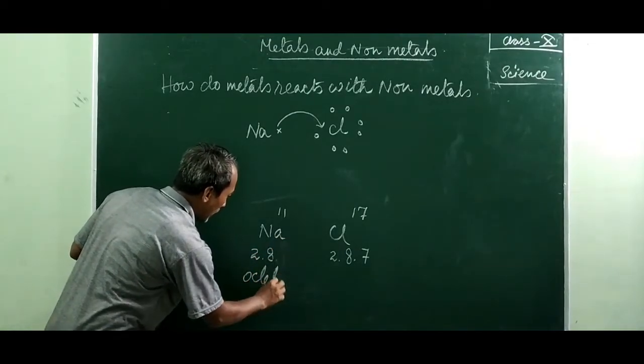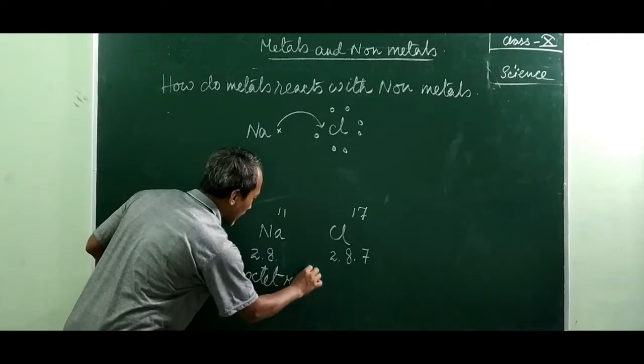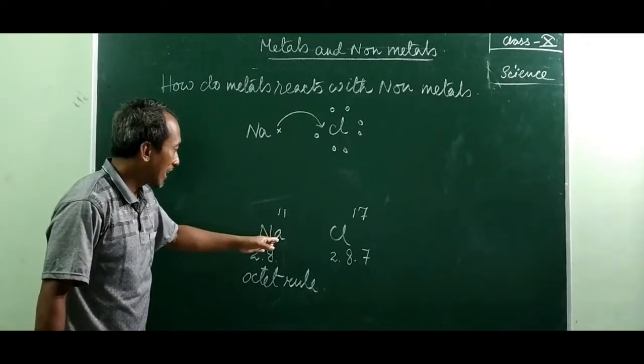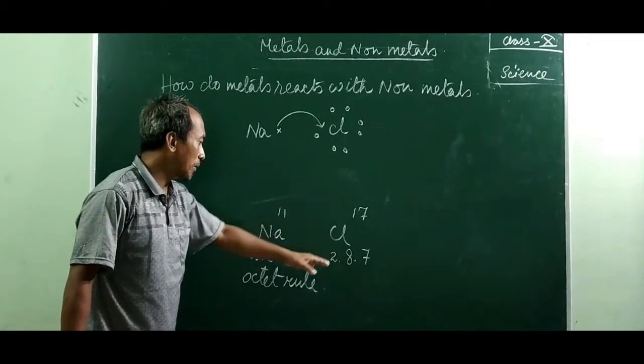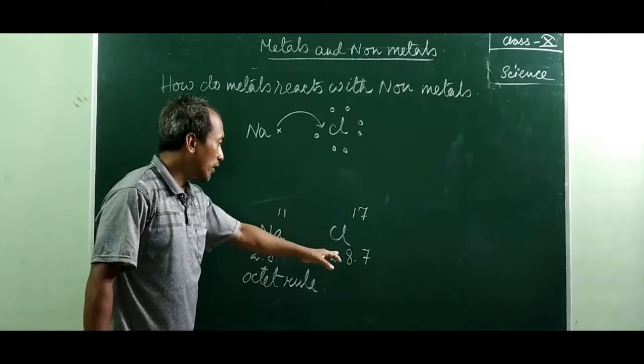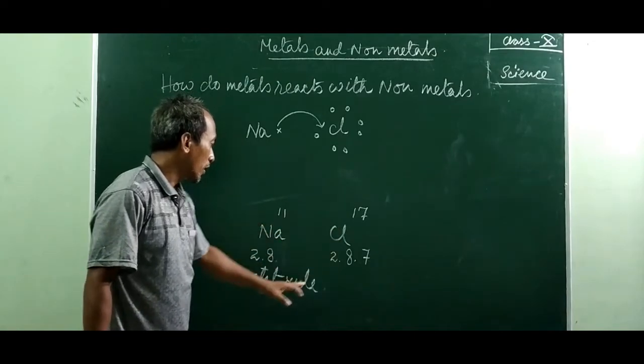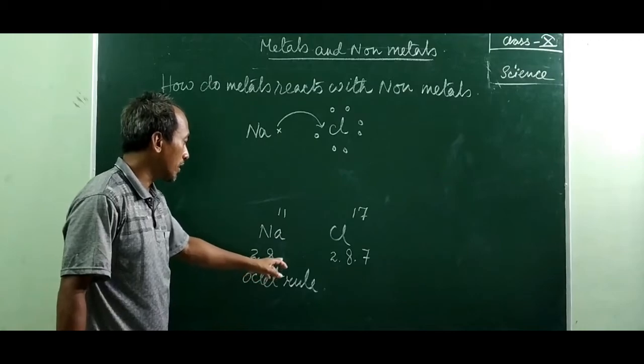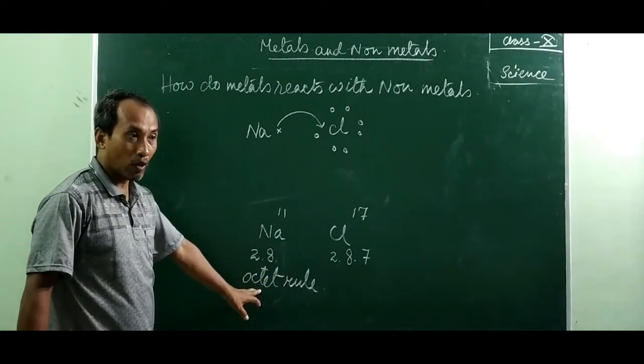I think you still remember the octet rule of class 8. The octet rule is that when any element combines with another element, it will either donate or share its electrons, and the last shell should always have 8 electrons in its outermost shell. That is called the octet rule.